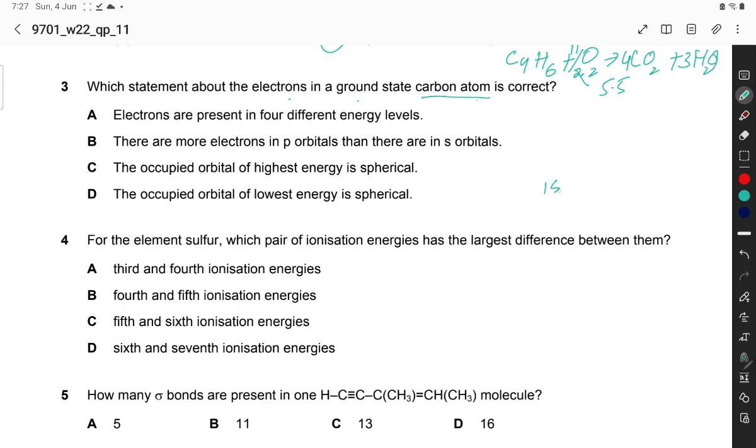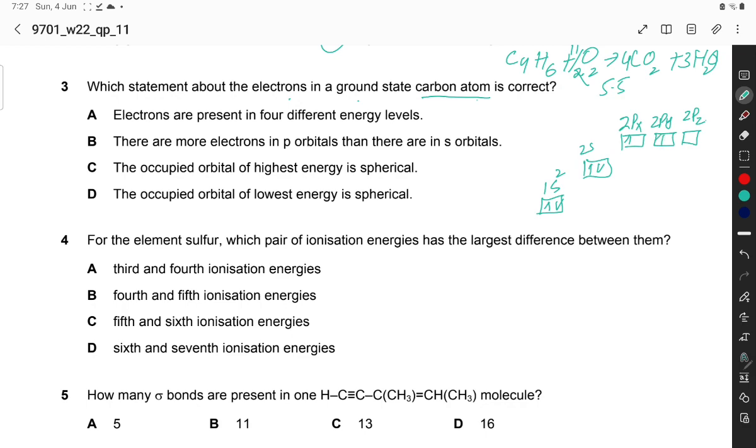This is 1s2, this is the ground state, and 2s2, 2p x, 2p y, and 2p z over here and over here.